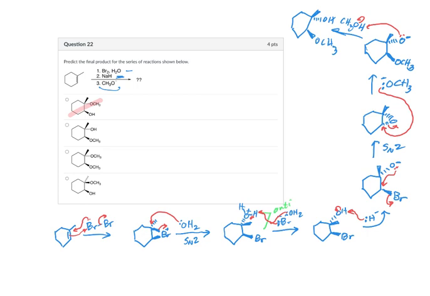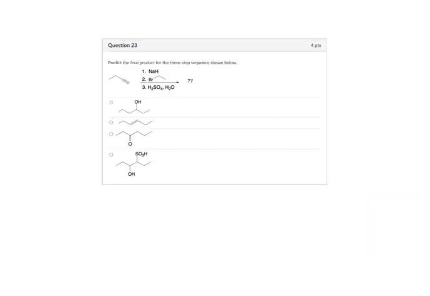It looks like it matches this one right here. Right, this one has two methoxy groups, so that's not right. And this one is backwards. This has the methoxy group on the more substituted side.